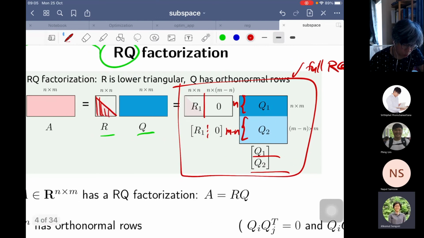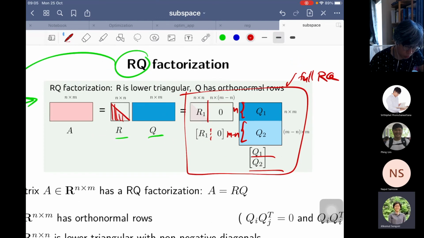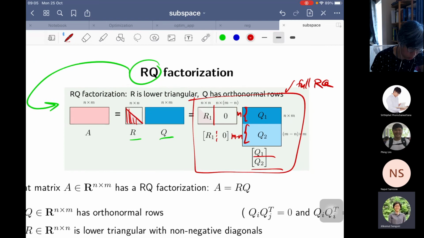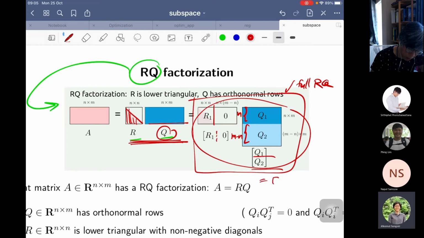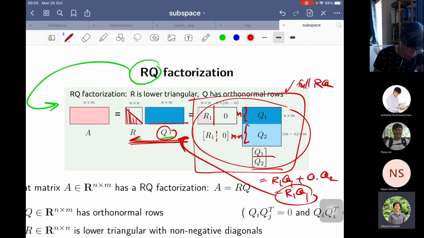Okay, so the full RQ ends up with the same RQ when Q here is fat, because if you multiply these two together, you get R1 Q1 plus 0 times Q2, and it's enough with R1 Q1. So our R is basically R1, our Q here is Q1.